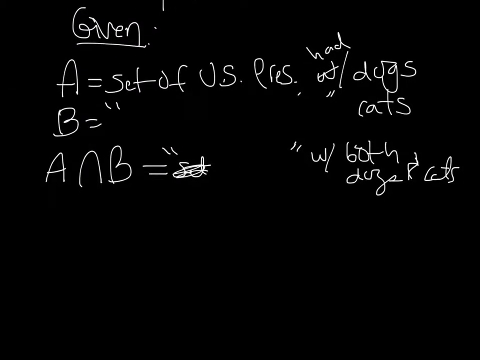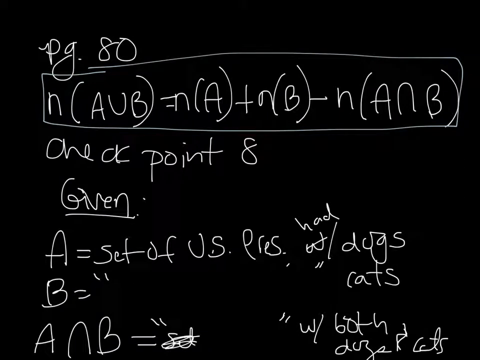Okay, so using the formula, the question asks, how many U.S. presidents had dogs or cats in the White House? Key word is or, and union means or, and this intersection literally means and.